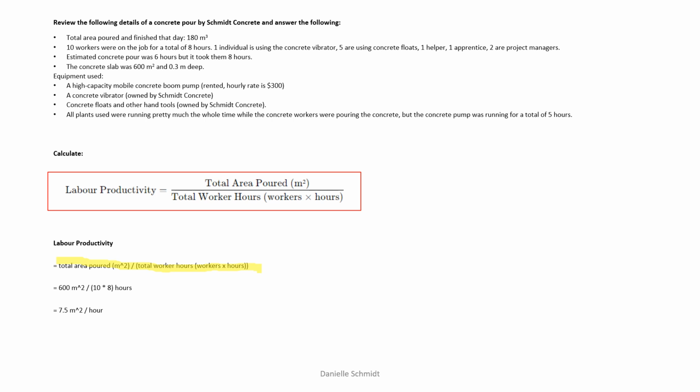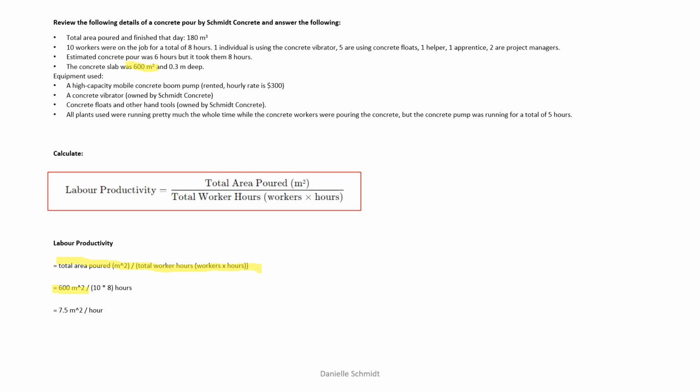So we've got total area poured in meters squared divided by the total worker hours, which is workers times by hours. So we have the total area poured, and we know here that this is in meters squared. So that's why we know we're looking at this unit. If you don't put the units here, a lot of students might put 180 instead of the 600, and that's where you're going to get into a bit of trouble.